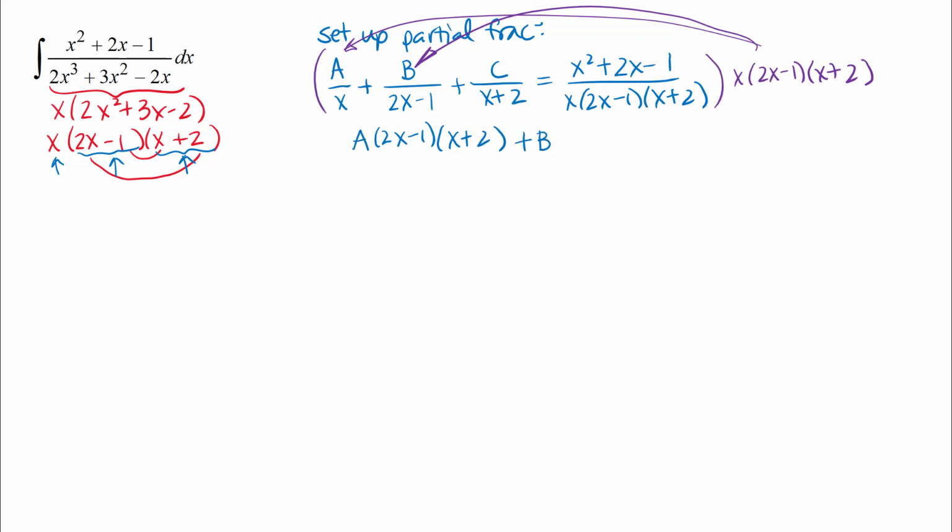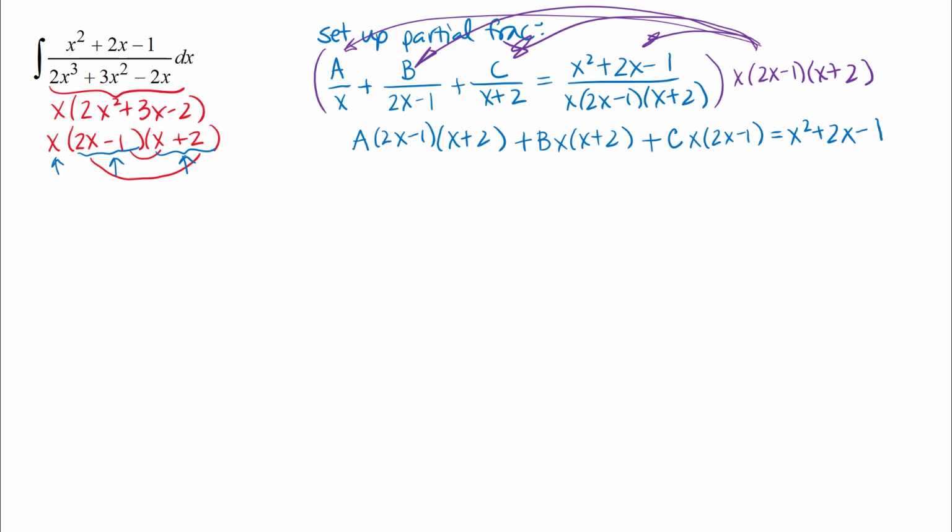So I'm going to be left with b times x plus 2. And then when I multiply times the last fraction on the left side, the x plus 2 factors will cancel. So I'm going to be left with c times x times 2x minus 1. And then on the right side of the equation, the entire denominator will cancel, so I'll just be left with the numerator, x squared plus 2x minus 1.